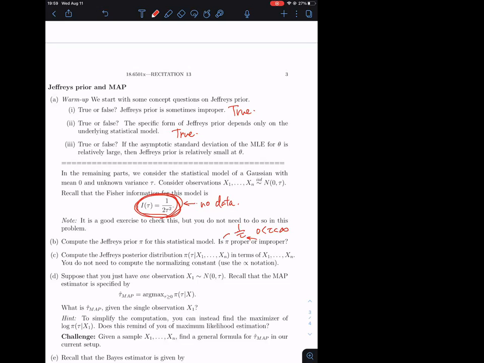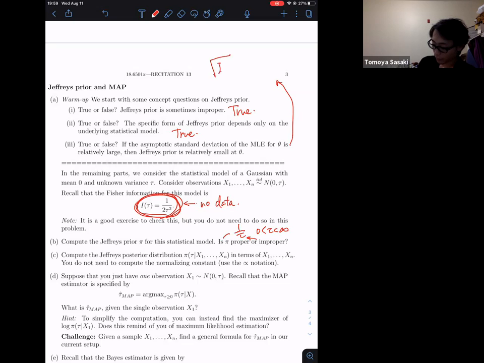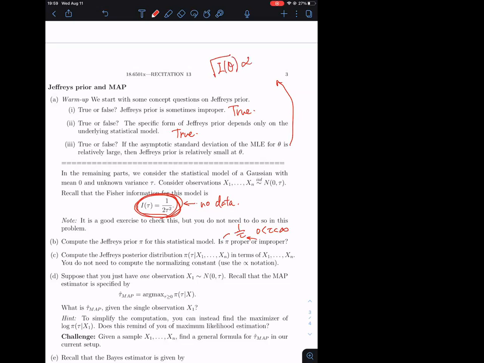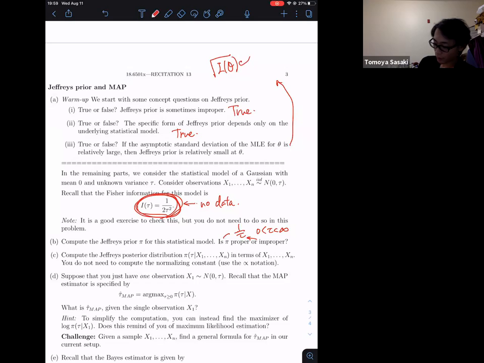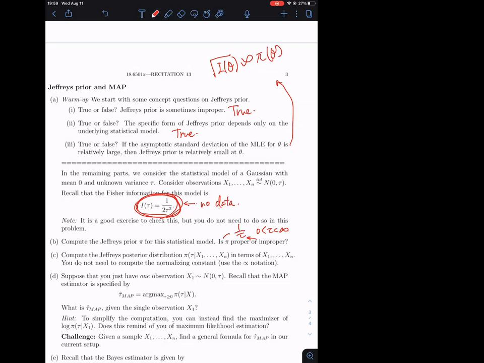You've got to check: the Jeffreys prior is the square root of the Fisher information, and the Fisher information is the inverse of the variance. So, true or false? True, right, you're right.